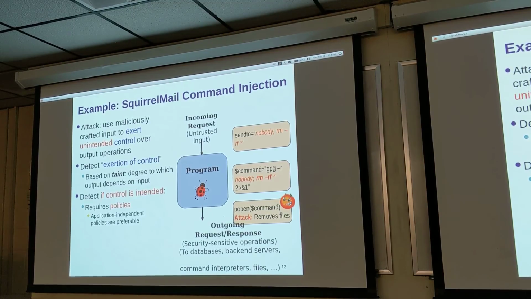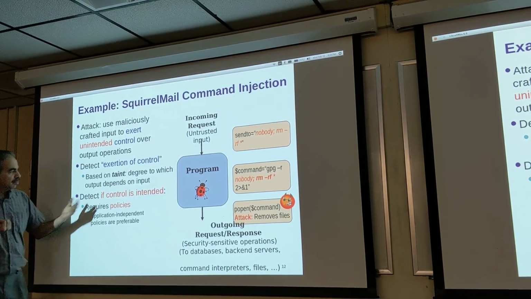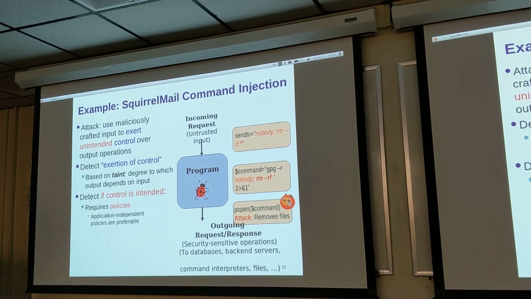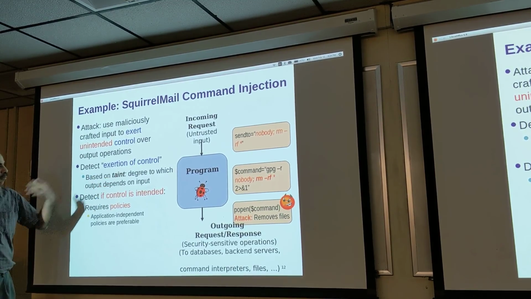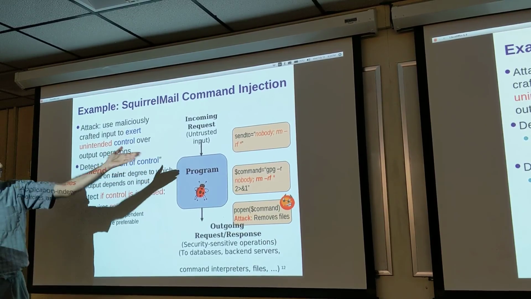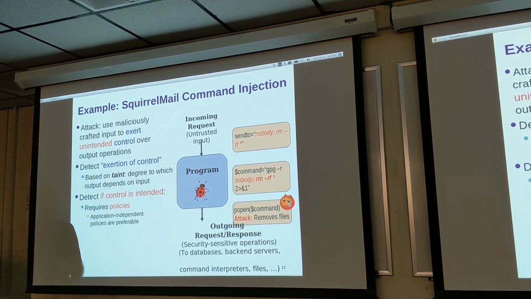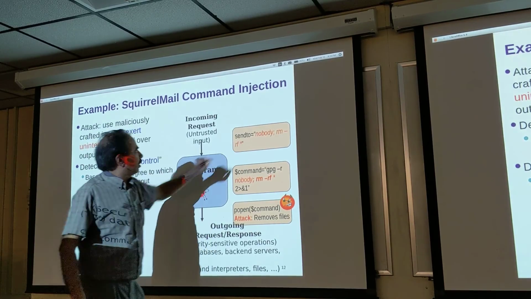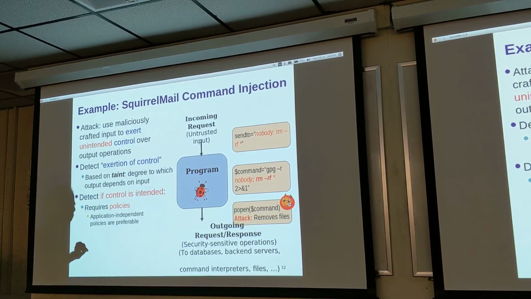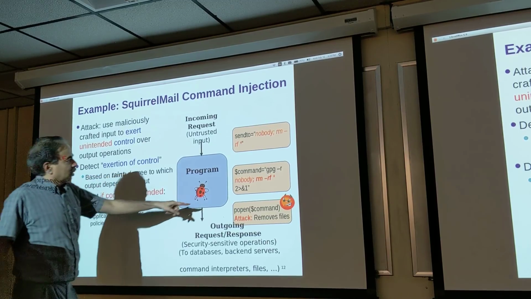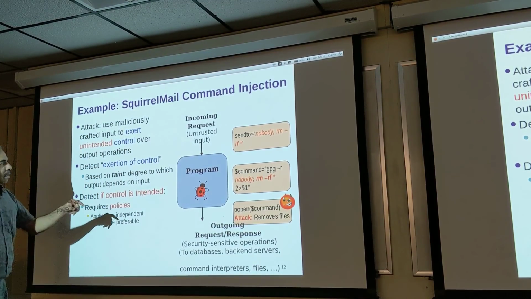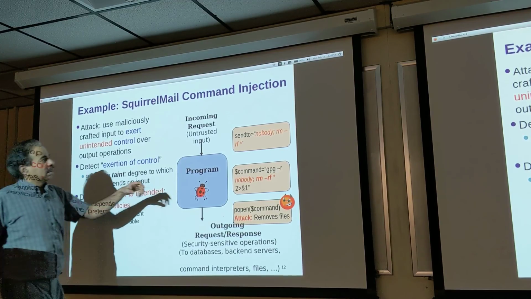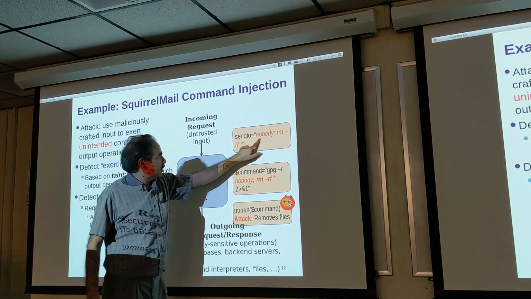The question is, what is unsafe? That seems difficult to figure out. It seems simple enough to follow the flow of tainted data. I have already done that by using a color there. When it came in, I put a red color here to say that this came from an untrusted source. Now, when the string is constructed, I know the part that came from the network, so it's just this part.